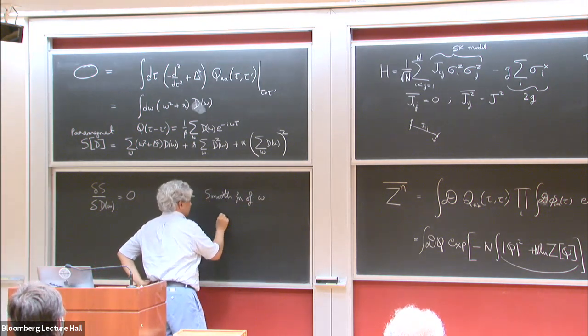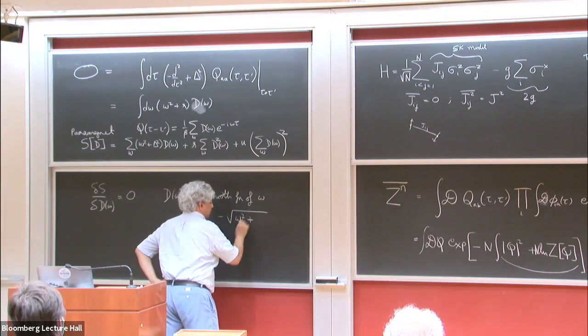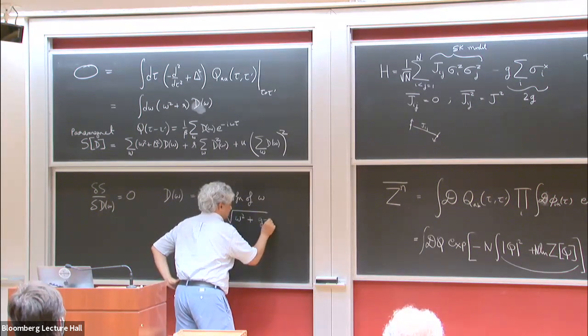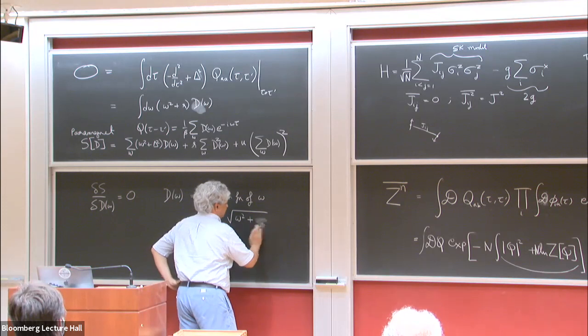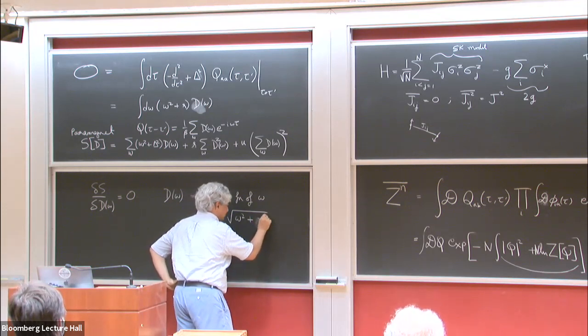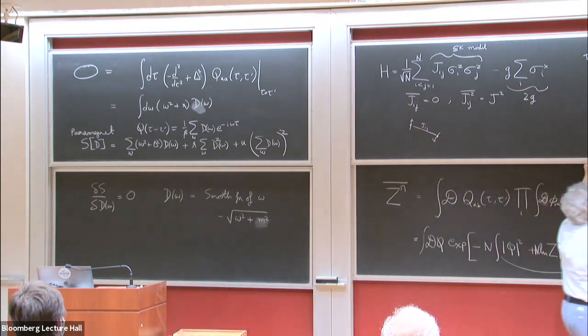But you get a term which is, okay, minus or plus, I think it's minus square root of omega squared plus, let's call it g minus, well, okay. Let me call it m squared, where m is roughly some measure of the distance from the critical point.